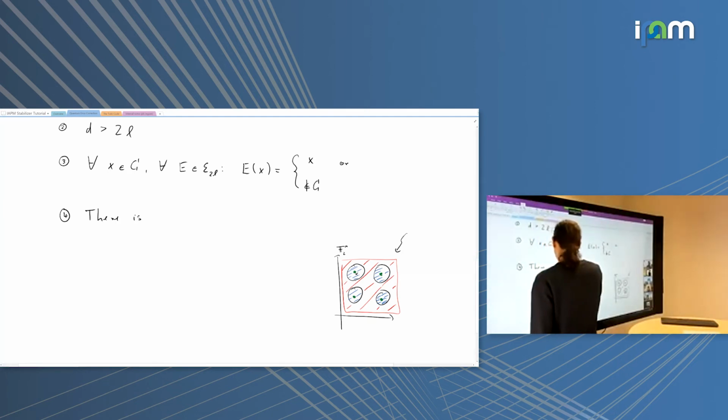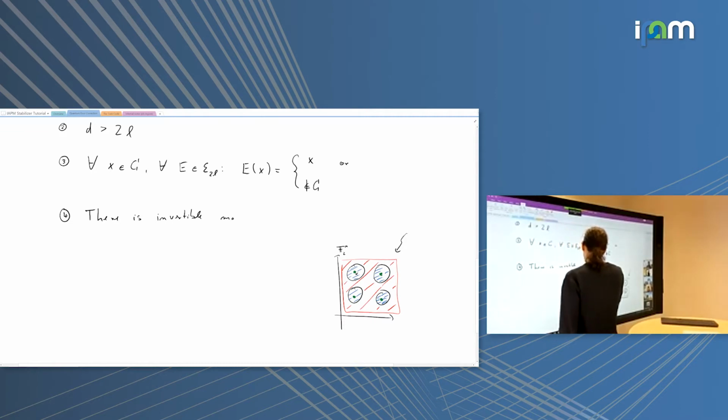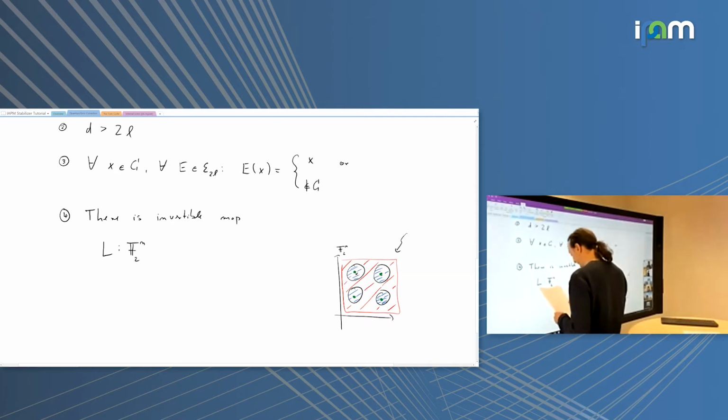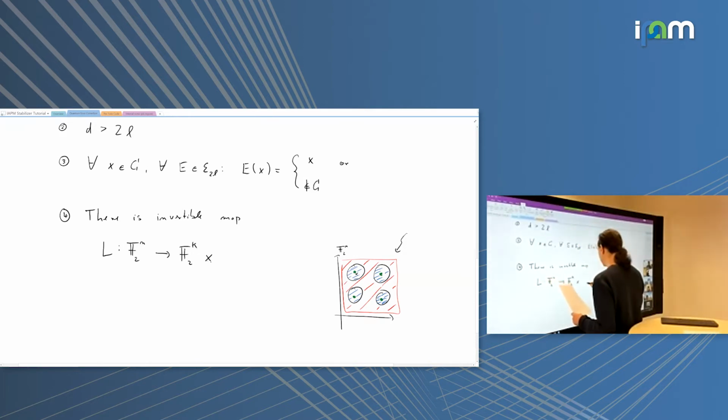There is an invertible map that goes from the space of all n-bit strings to the following space, namely F_2^K, and that's going to be the code, Cartesian product the Hamming weight ball of size D, and then union some set R, the rest.